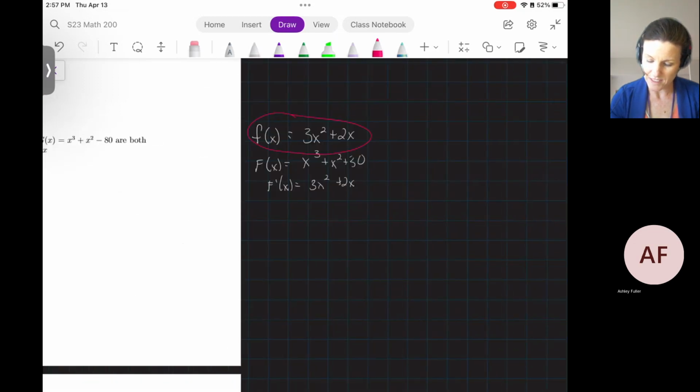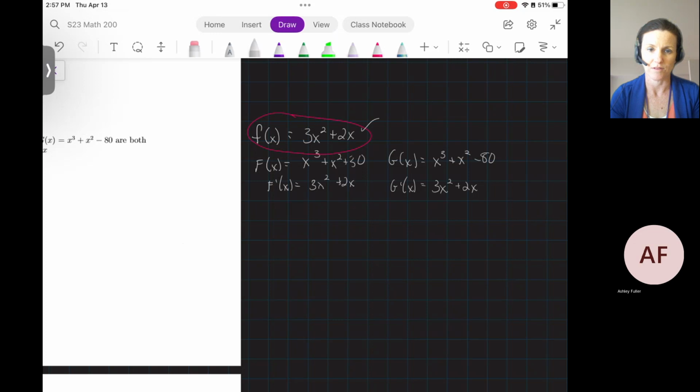Notice likewise, if we take the derivative of big G of x, which is x cubed plus x squared minus 80, the derivative of that is 3x squared plus 2x. Again, they are both an antiderivative.